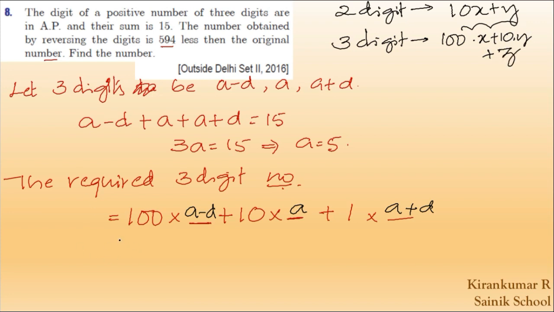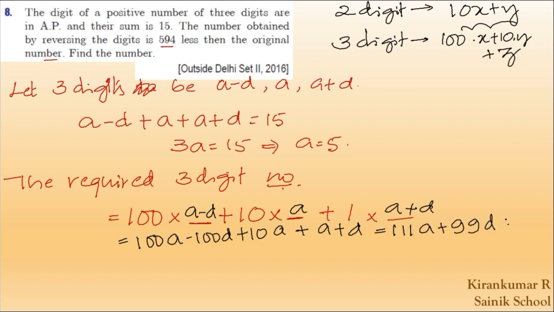Therefore, on simplification, we get 100a minus 100d plus 10a plus a plus d. Let's further simplify. We get 111a plus 99d. Sorry, this is minus 99d.